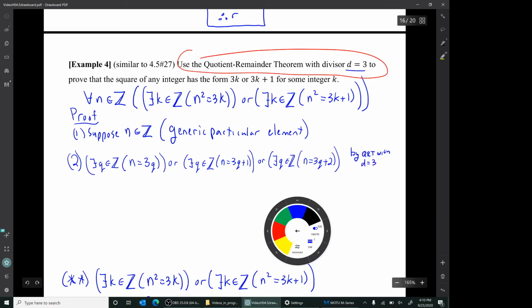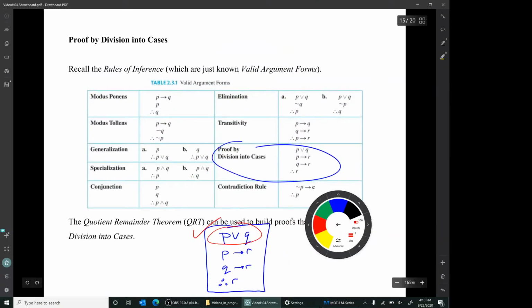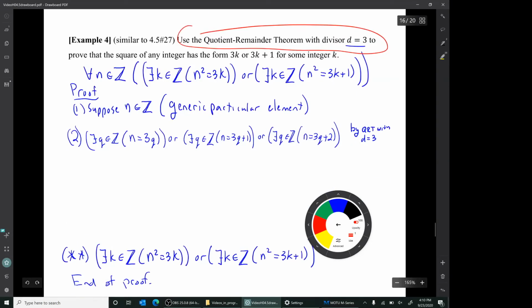So let's go back up and look at our rule of inference for the proof by division into cases. We've got our big OR statement. Now we're trying to prove that some conclusion is true, and we've got that conclusion stated. So there's our big OR statement, and there's our big conclusion.